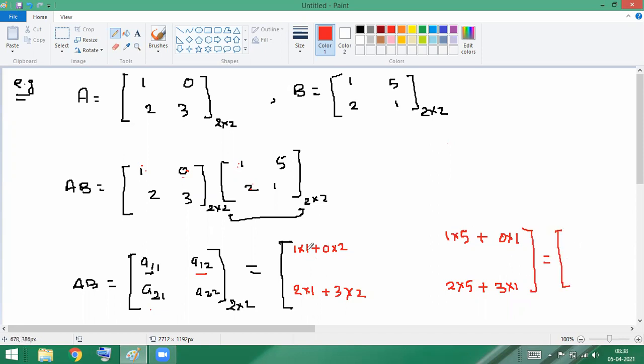First we'll get 1 cross 1, 1 plus 0 is 1; then 1 into 5 is 5 plus 0, 5; 2 cross 1, 2 plus 3 cross 2, 6, so 6 plus 2, 8, 10 plus 3, guys, 13. And this is the final answer for that product A. Clear with this?